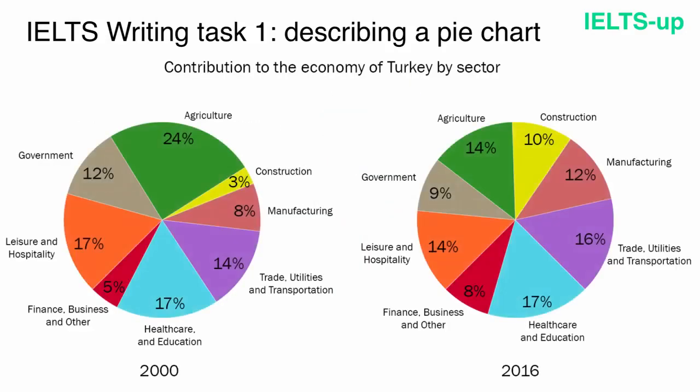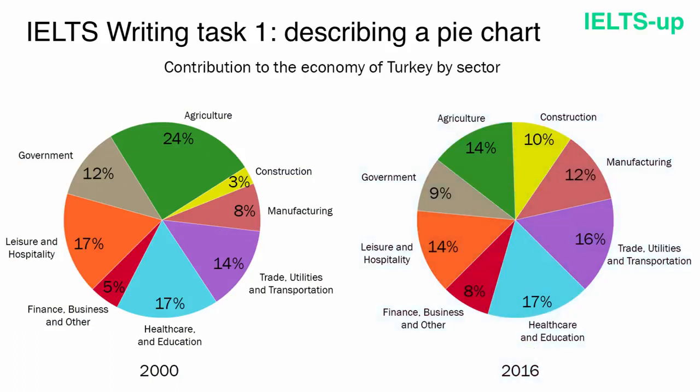What we can see, the name of our chart is Contribution to the Economy of Turkey by Sector. We have two pie charts. The first one corresponds to the year 2000, and the second one corresponds to the year 2016.